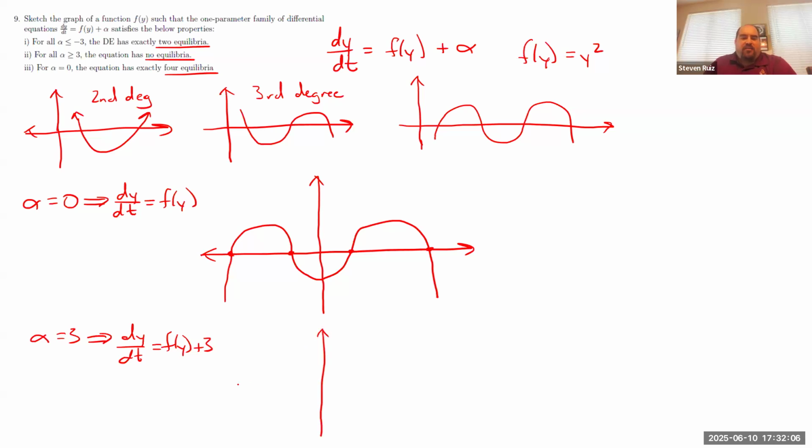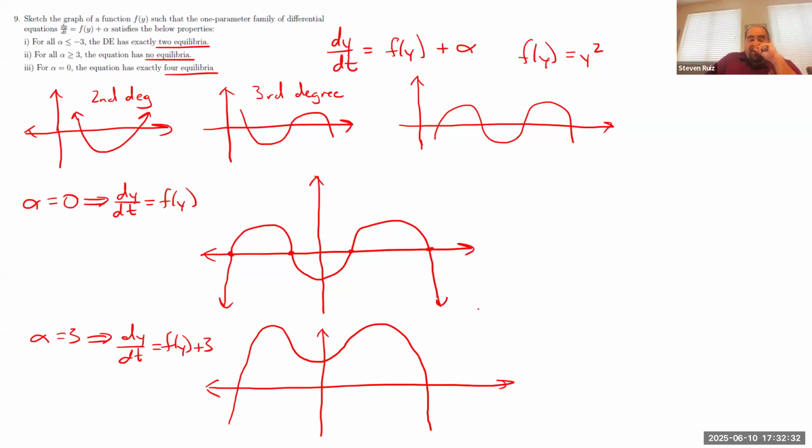That is going to make my graph do what? Well, it's going to slide it up. So it's going to make me lose some equilibria, but not all of them, because this graph continues downward infinitely. So at most, I'm going to lose 2 equilibria. I might have a graph that looks like this.